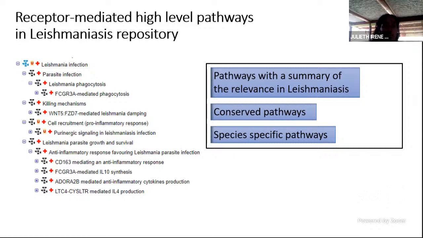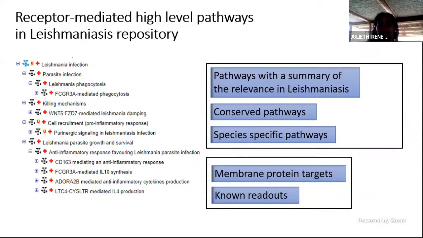For instance, this pathway hasn't been shown in any other species, but only in the response to this particular species. That kind of information is very useful when it comes to developing, for instance, vaccines that are targeting some particular cellular response, as is the case for Leishmania.